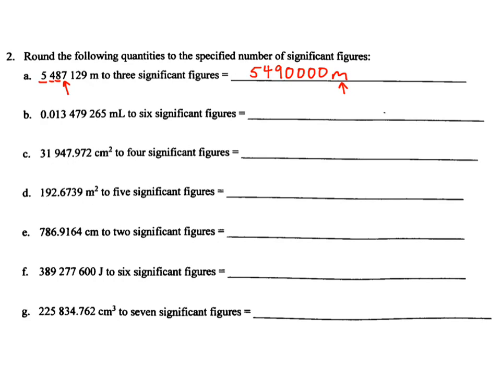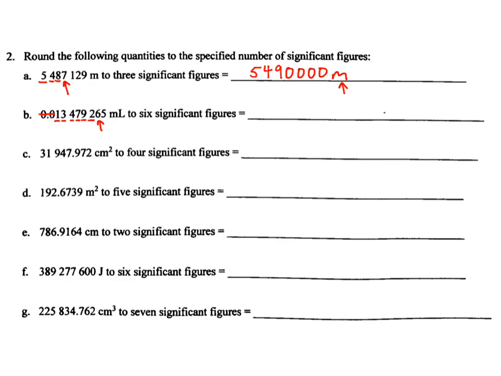Okay, next we have 0.013479265 milliliters, and that needs to go to 6 significant figures. Well, remember, zeros at the beginning of a number are not significant. All the rest of our numbers here are non-zero digits, so we just count out the first 6. We have 1, 2, 3, 4, 5, 6. Those will be our 6 significant figures. The 6 here will tell us what to do with that 2 at the end.